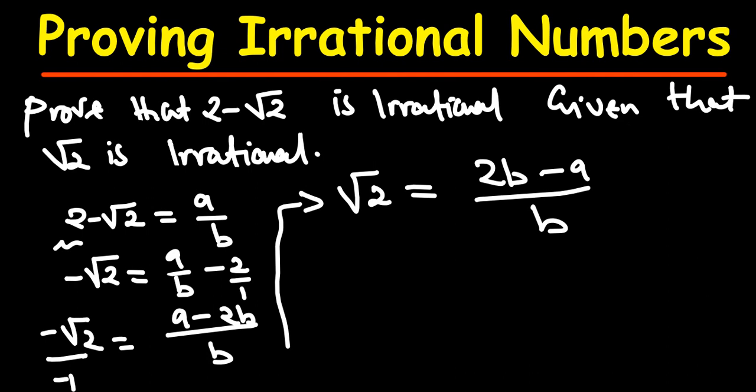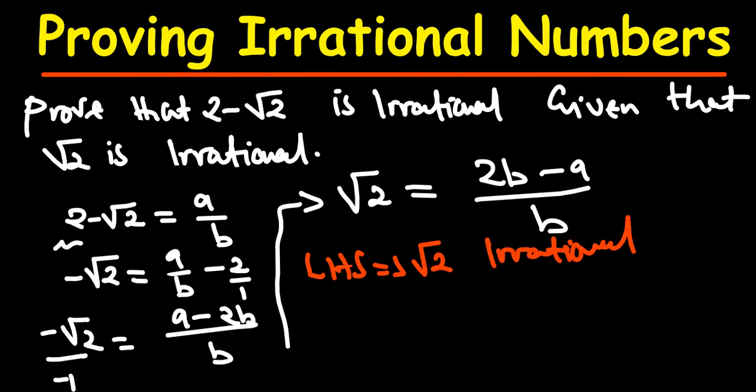Okay, so from here now we can see our contradiction, because on the left hand side we have the root of 2, which is irrational. We've been told in the question that this root of 2 is irrational. And then on the right hand side we have 2b minus a over b.